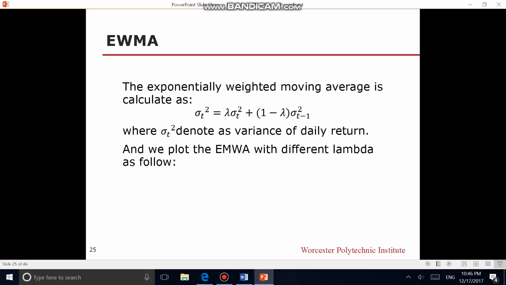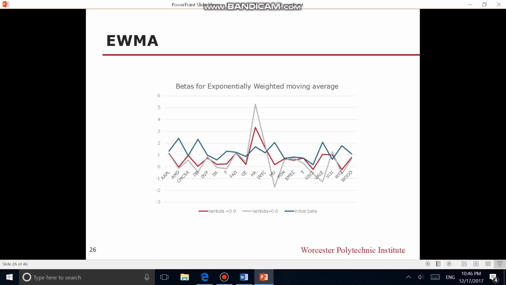And then we do exponentially weighted moving average. It is calculated as lambda times sigma t squared plus (1 minus lambda) times sigma t minus 1 squared. This means we need to consider the past information. And the betas for exponentially weighted moving average are shown on the graph. We choose 2 lambdas. One lambda is 0.9 and the other lambda is 0.6.